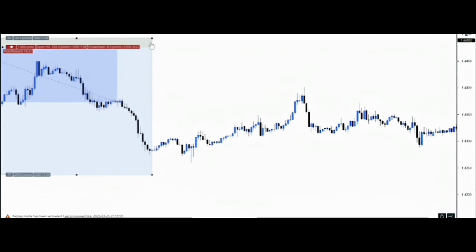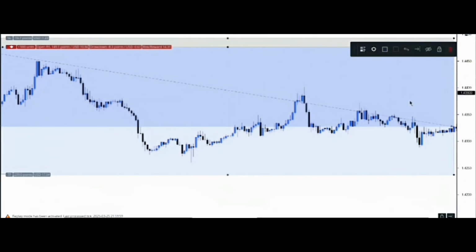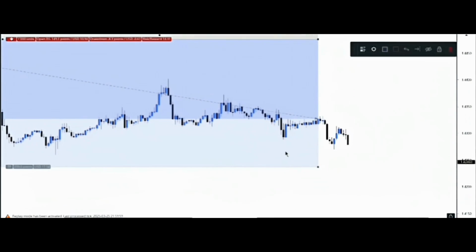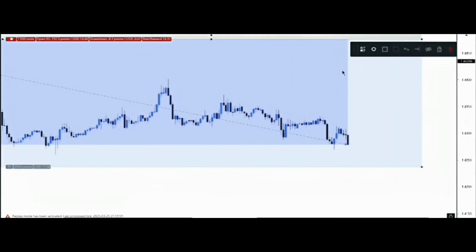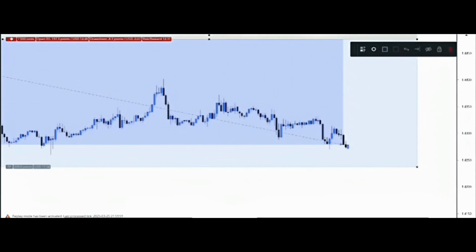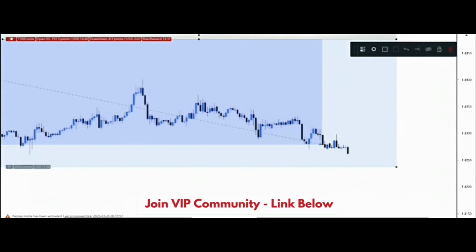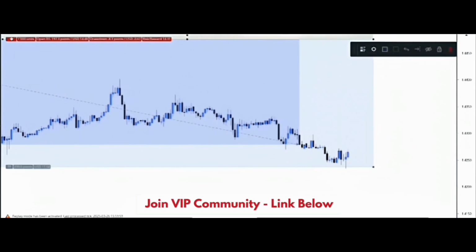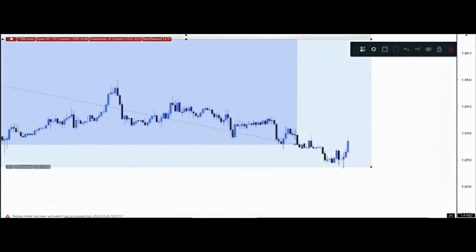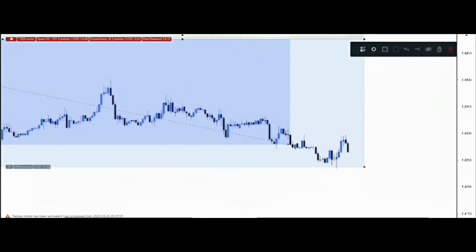Okay, so I think it's getting close to hitting our TP. Let's see. So as you can see, getting close to hitting our TP. If you have the nerve to hold it, and boom, can you see that? It has hit our TP. Simple.